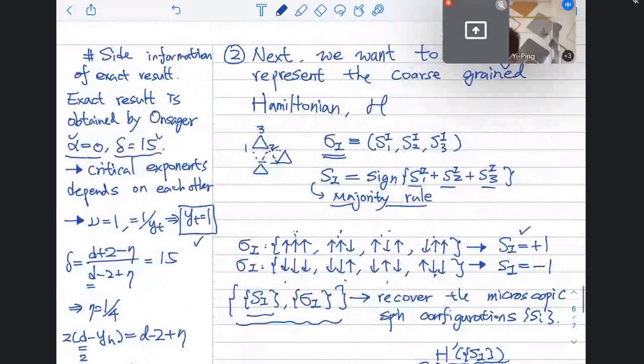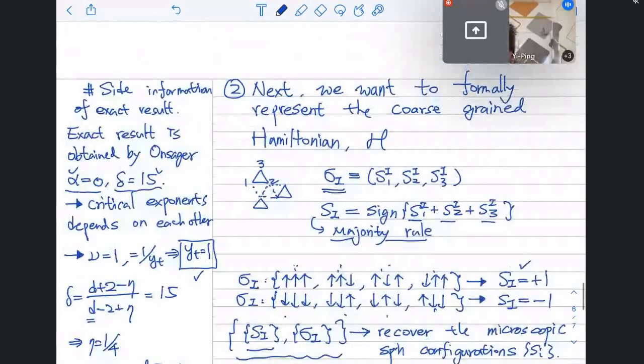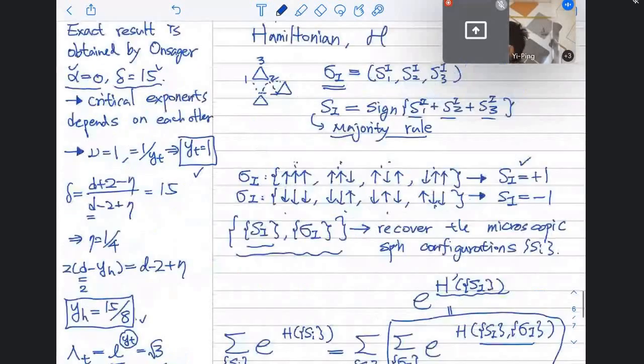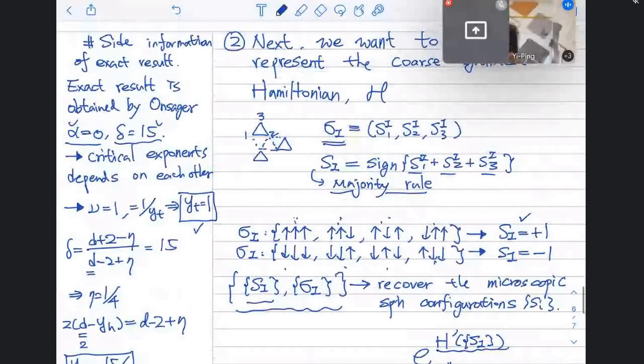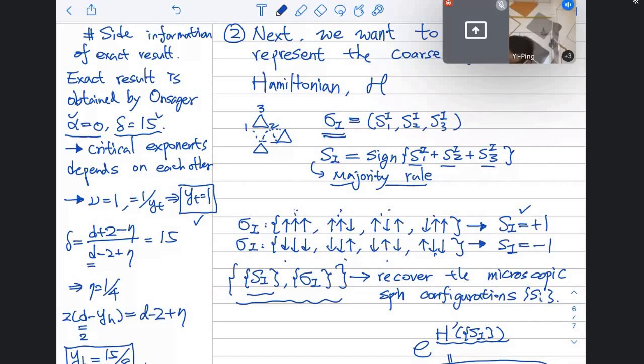Okay, so now we want to represent the cross-grain Hamiltonian using this new degrees of freedom, this block. So right now we try to use a notation that each microscopic configuration of the original spin system can be two sets of variables.